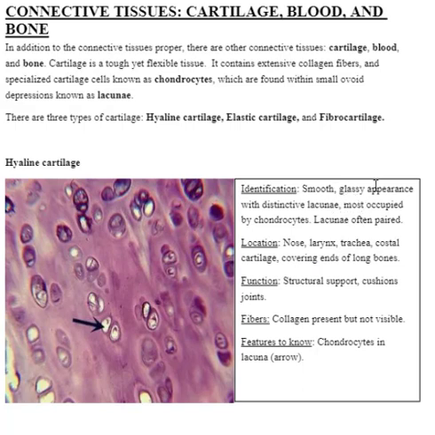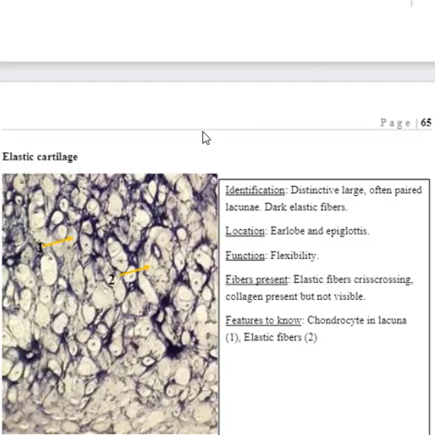So it says right there, smooth, glassy appearance, distinctive lacuna, and therefore, cushioning joints and structural support. Collagen is present, but not visible. And each of these things is a lacuna with a chondrocyte living inside of it. So this particular one is laying down hyaline cartilage.